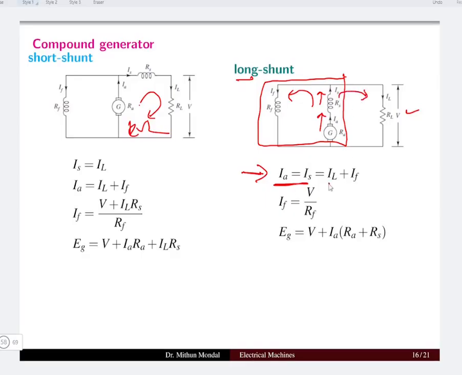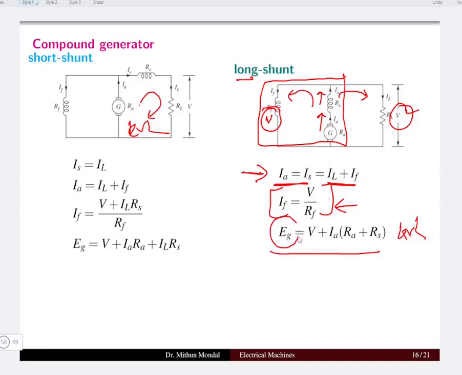So IL plus IF will be the armature current, and the field current will be V by RF, because here the terminal voltage is V. The same voltage will come across the RF, and this is in accordance with Ohm's law and Kirchhoff's voltage law.